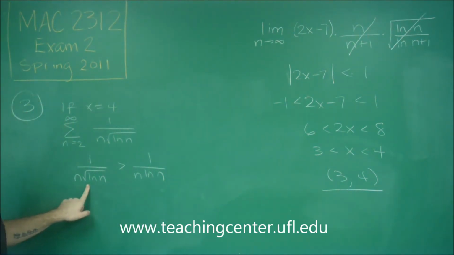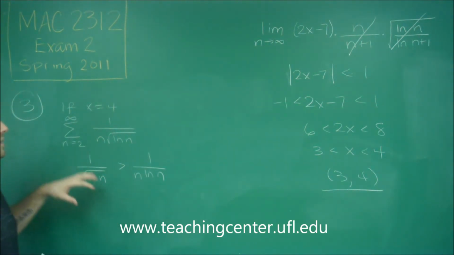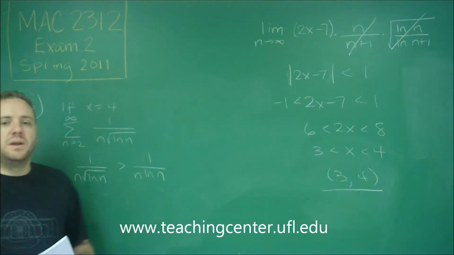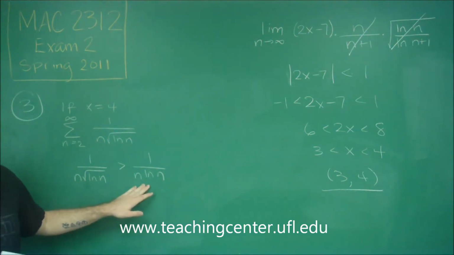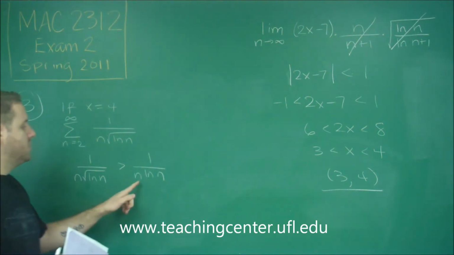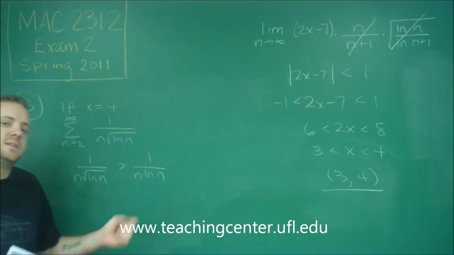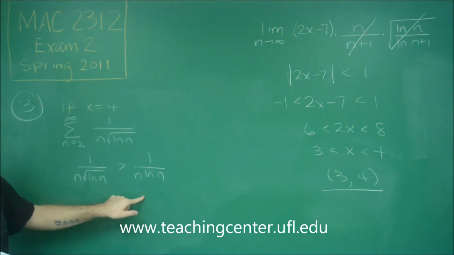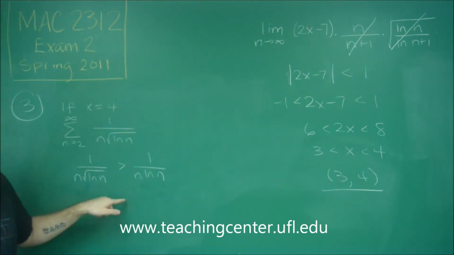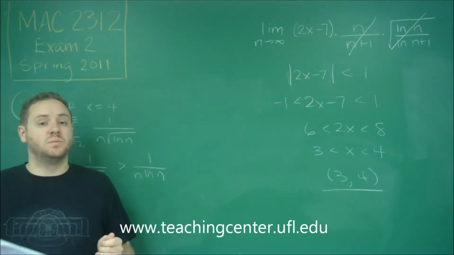Because you have a square root here on the denominator, this denominator is always going to be smaller than that one. Denominator is smaller means the entire thing is larger. So we're going to use the comparison test to say if this diverges, this must also diverge because it's larger. The reason I chose this function is that this is easily integrable, because if you notice, you have ln n and its derivative, 1 over n, in the function. This is going to be an easy one by substitution.